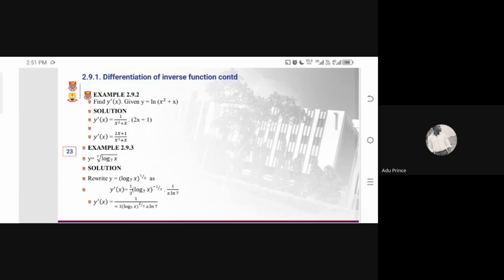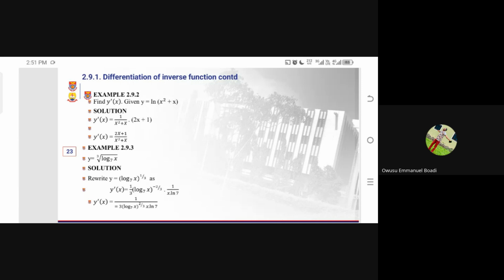When you differentiate x squared plus x, we get 2x plus 1. So when you differentiate ln of x squared plus x, you get 2x plus 1 all over x squared plus x.